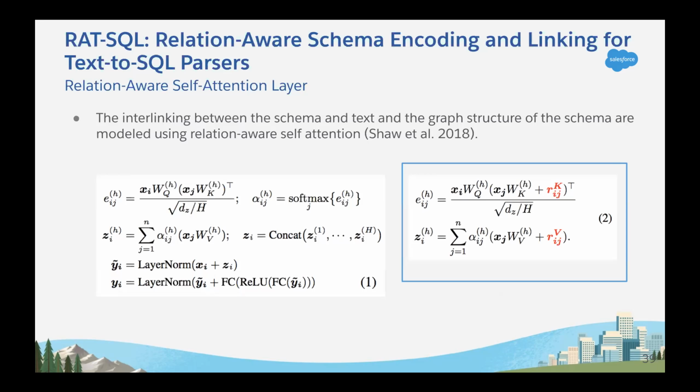They use the transformer as the architecture to build their model. The transformer is a stack of self-attention layers with some position encoding in the first layer. In each self-attention layer, there are two important components.